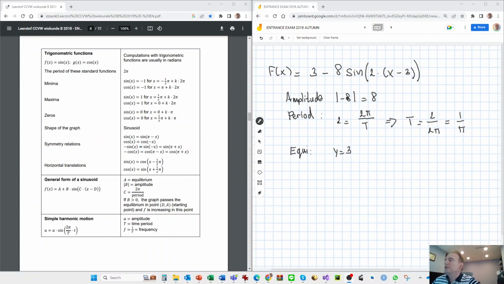So the absolute value of -8 is 8. The period can be found from this equation here. So 2 equals 2 pi over the period T, from which you find that the period must be 1 over pi. And the equilibrium is at y is equal to 3.